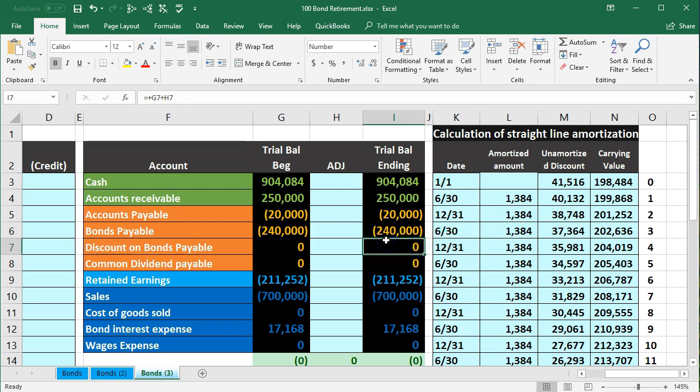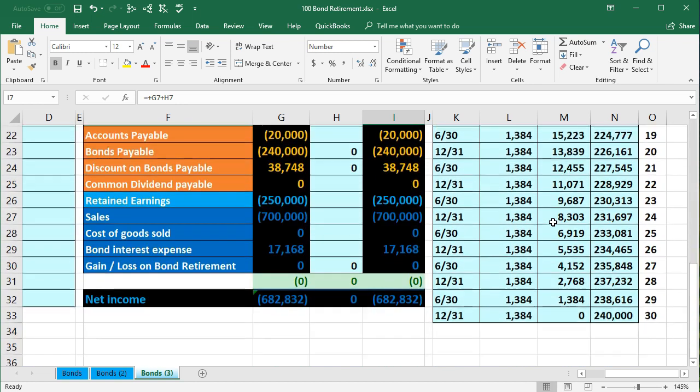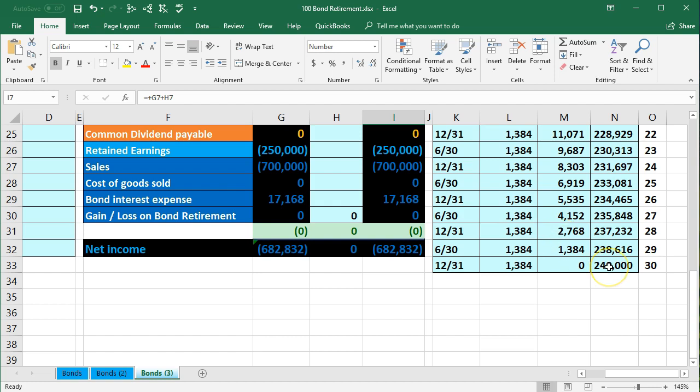So the discount went away each time, and it was going to the interest expense. So at the end of this whole time period, at the end of 15 years or 30 time periods at every 6 months, we are left with 0 in terms of the discount, and we have the 240,000 then is all that's left.